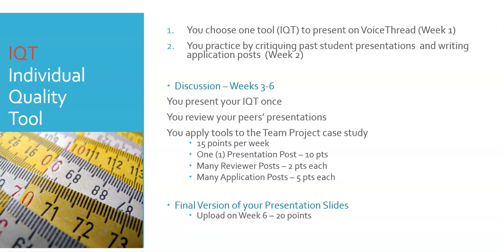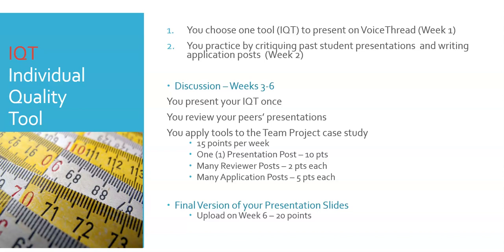And this is a discussion board, and it's 15 points per week, each of weeks 3, 4, 5, and 6. So one of those weeks, you'll be doing a 10-point presentation post where you present. And in all of the weeks, you'll be doing reviewer posts where you give your peers feedback on their presentations.